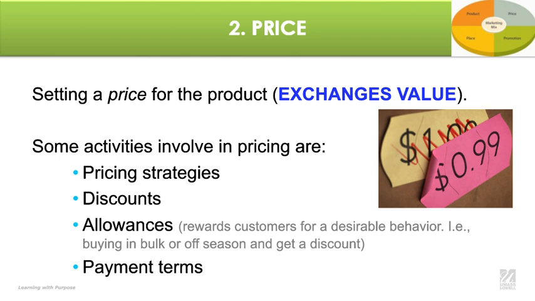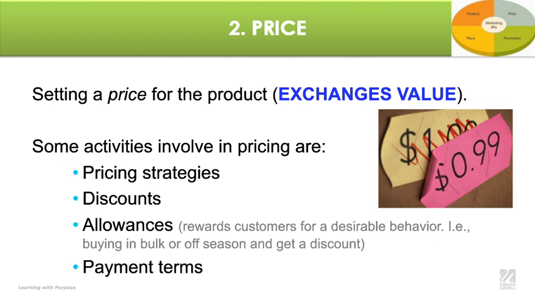So price refers to exchange value. I explained this before: I create something that is valuable for you, I sell it to you, and you give me something that is valuable for me. That may be money, that may be other things. So when we are creating our price strategy, what we need to do is first check what pricing strategy we will choose, because there are several strategies too.